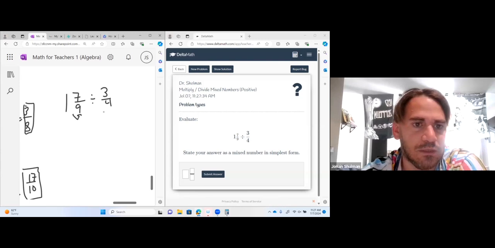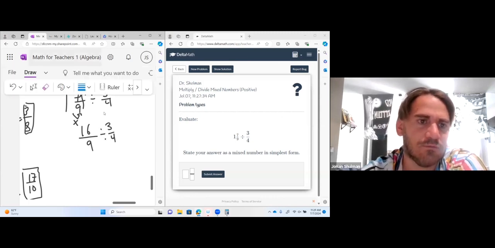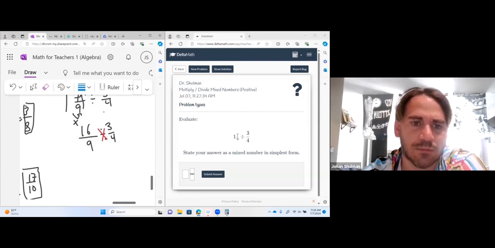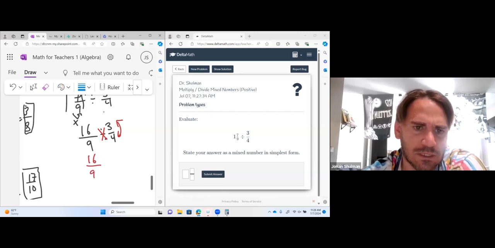So we multiply the bottom, we add the top. 9 plus 7, so this is really 16/9 divided by 3/4. And here's where we have to do some moves. So we just have to remember that this is the same thing as multiplying by the reciprocal. So it's 16 over 9 times 4/3.